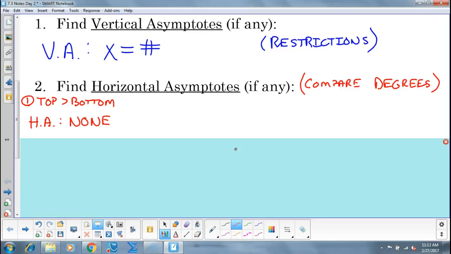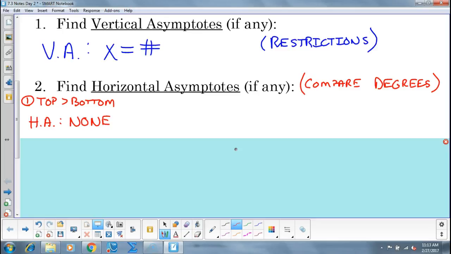Okay. What's another way that I can compare two numbers? Top and bottom. What's another way that I can compare top and bottom? Top can be bigger. Not yet.